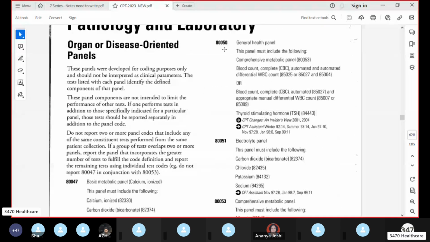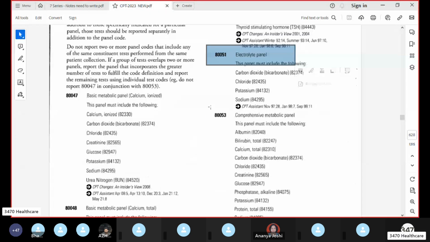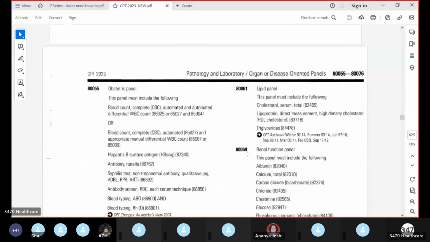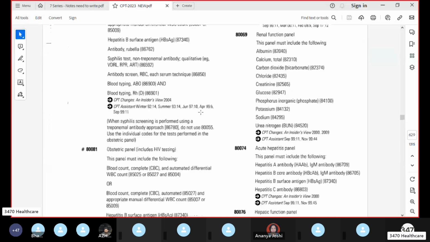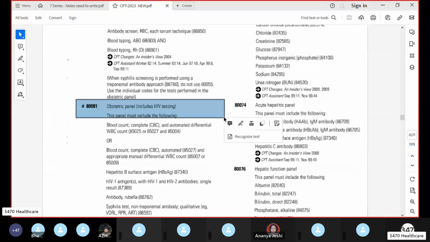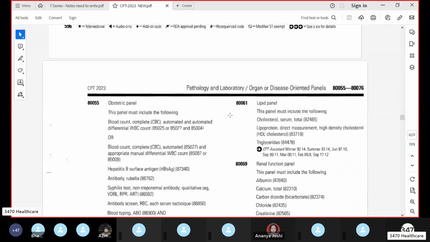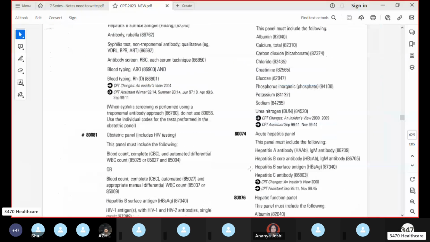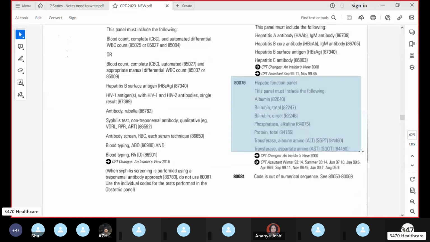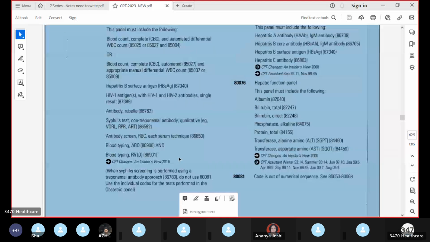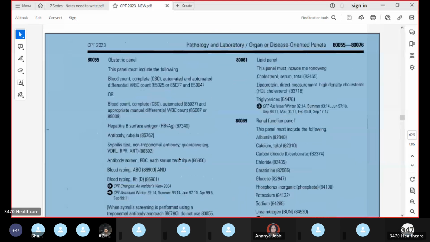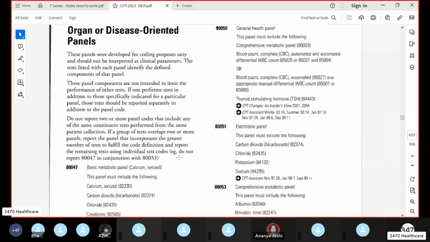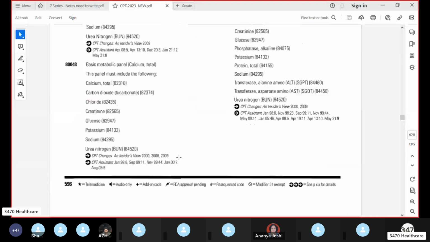Then the electrolyte panel, general health panel, comprehensive metabolic panel, obstetric panel, OB panel including HIV testing, lipid panel, renal function panel, acute hepatitis panel, and hepatic function panel. So in total, how many panels are present on pages 596 and 597?